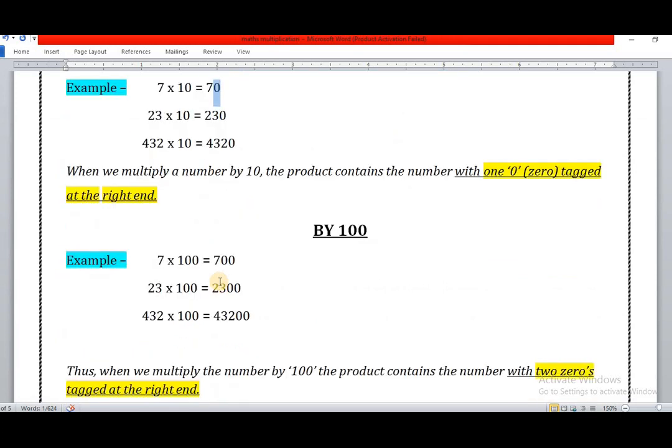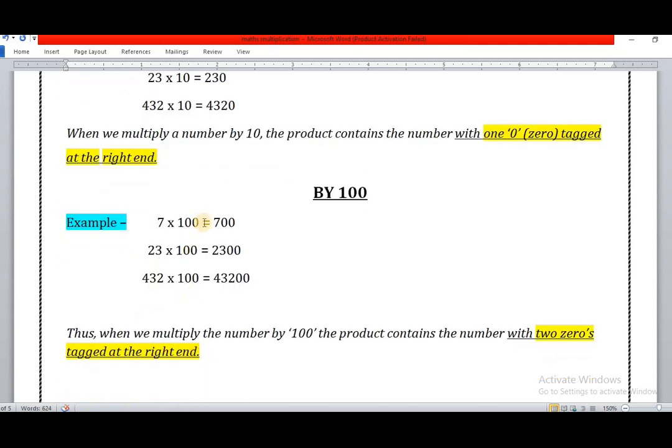Now come to 100. 7 into 100 is equal to 700. 23 into 100 is equal to 2300. Thus, when we multiply a number by 100, the product contains the number with 2 zeros tagged at the right end.